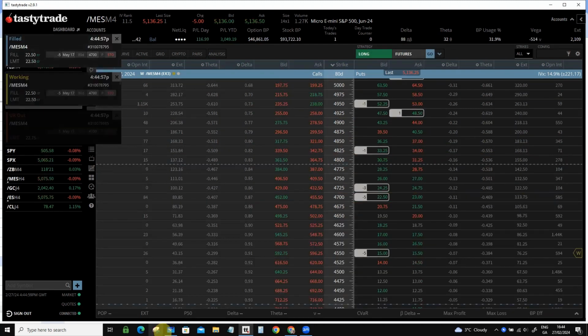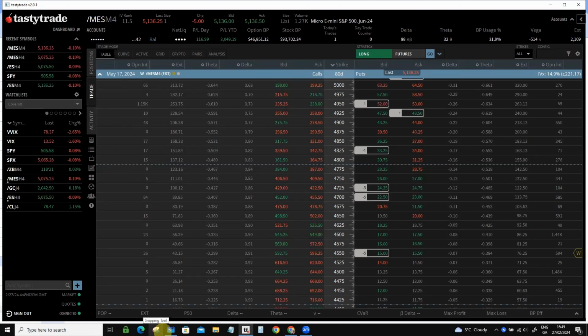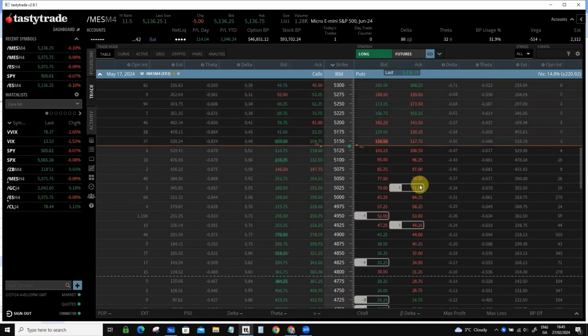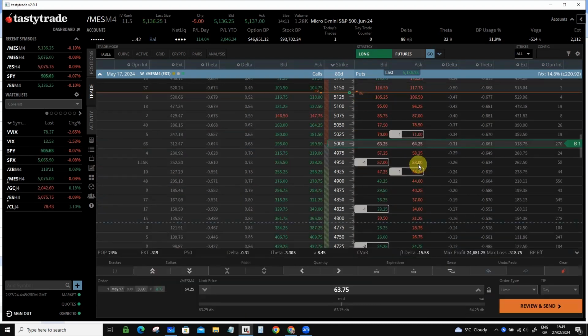560. So if you remember, we said 20% of that would be $120 roughly. So we want to do either 125 or let's see what the market is giving us here. If we go to around 31 delta, let's see if we can find something here that's not already filled. Let's go here. That's 31 delta.